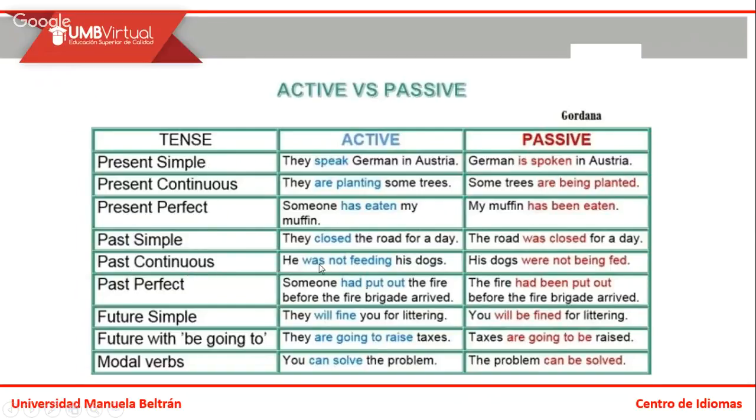Past continuous. He was not feeding his dogs. His dogs were not being fed. All right. So, according to it, as you can see right there, we have "wasn't feeding". Okay, the verb to be in past, and later on we have the next verb followed by ing. Now, "his dogs" is the subject that we're using in this sentence.